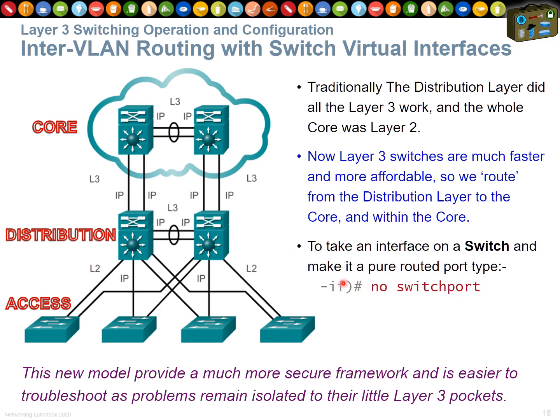And the way you do that is you just go into that interface, notice we're in interface mode, and just type no switchport. No switchport literally just disables all layer 2 functionality.